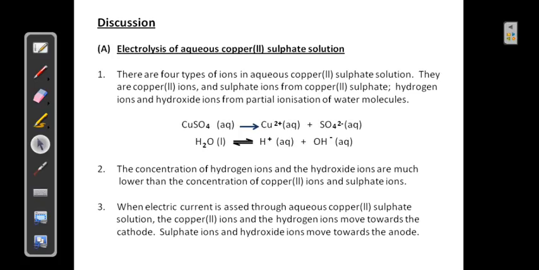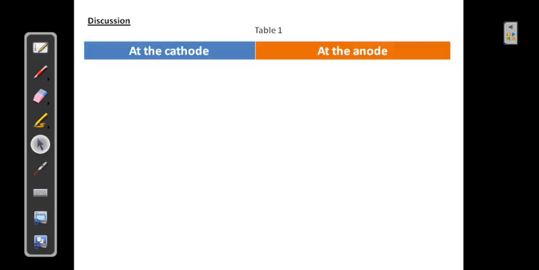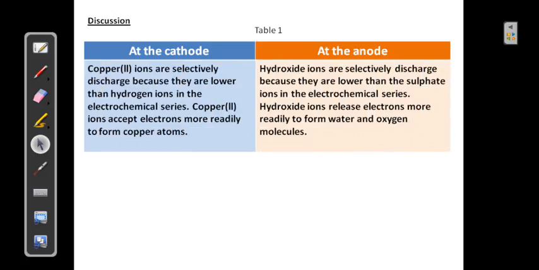So when electric current is passed through the aqueous copper 2 sulfate solution, the copper 2 ions and the hydrogen ions move towards the cathode, and sulfate ions and hydroxide ions move towards the anode. Alright, that is very obvious if you look clearly. So at the cathode, copper 2 ions are selectively discharged because they are lower than hydrogen in the electrochemical series.